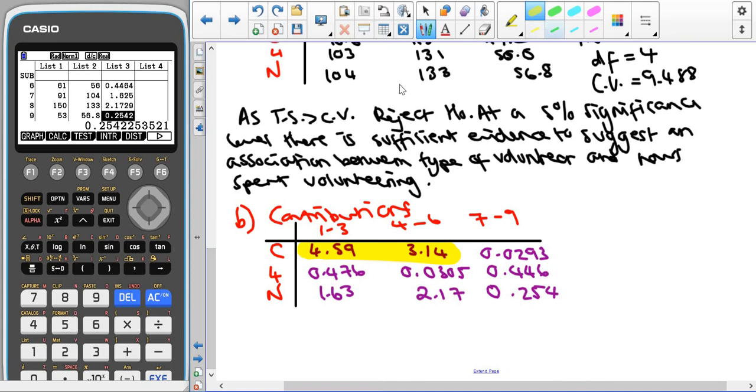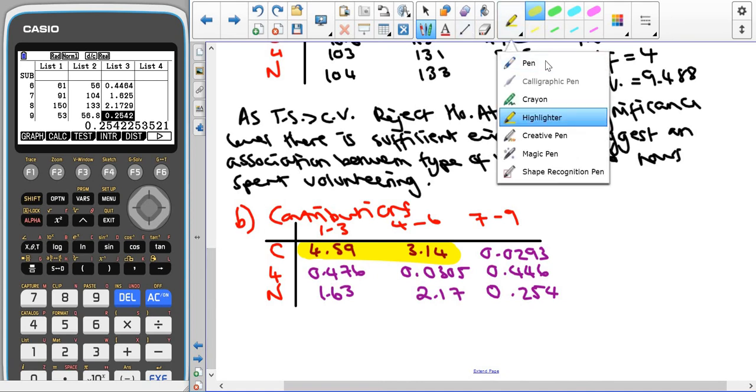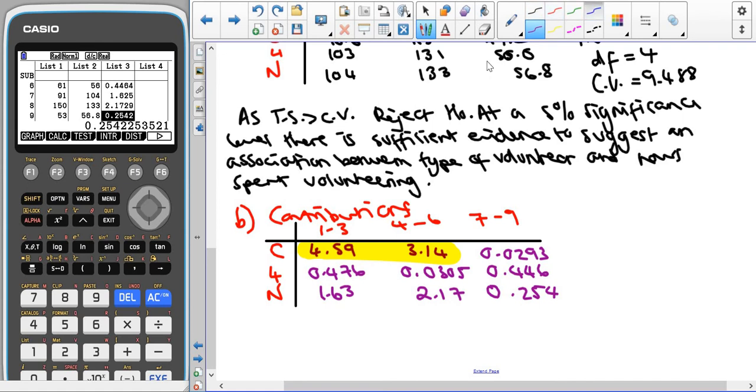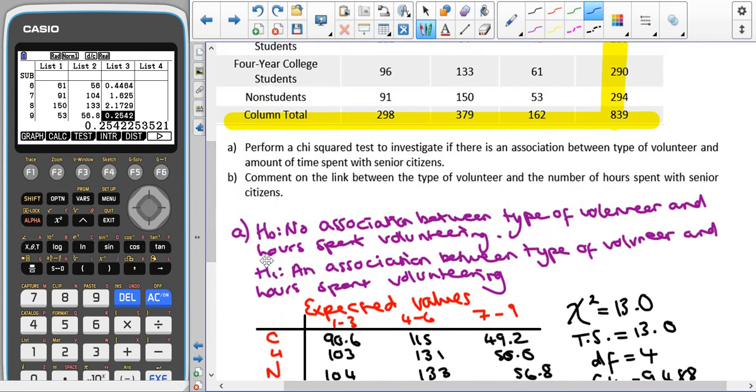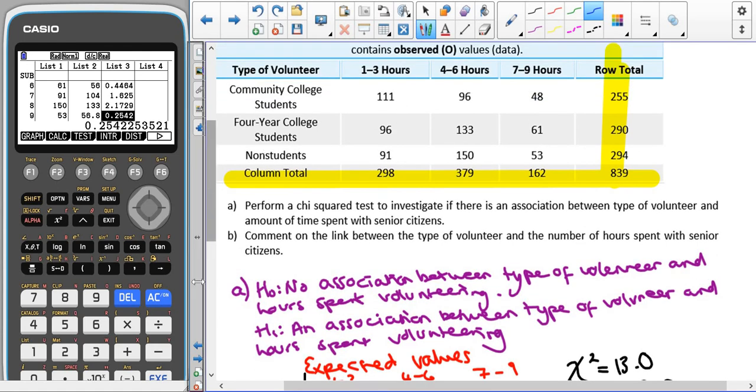So that means that we are having to have a look at the community college 1 to 3 and the community college 4 to 6. So if we have a look at 1 to 3 to start off with, we were expecting 90.6, but we had 111.